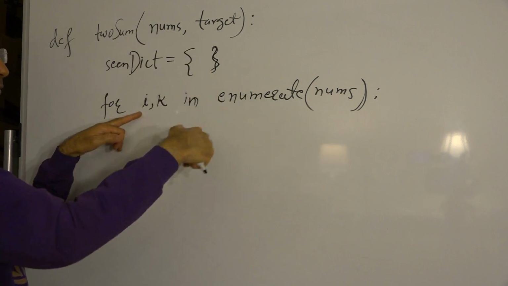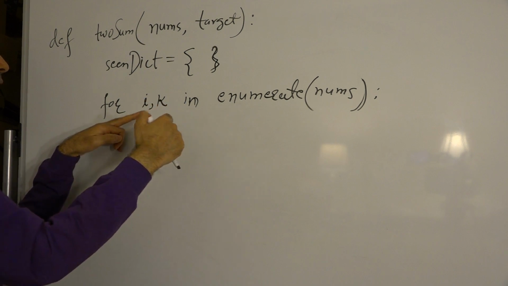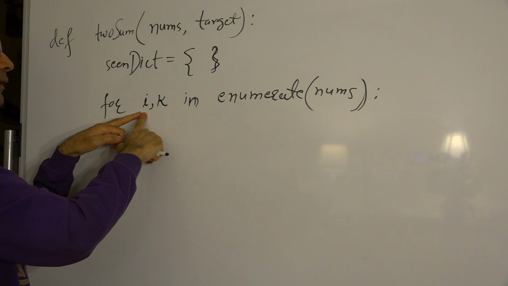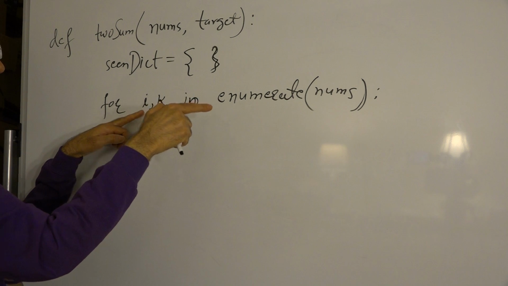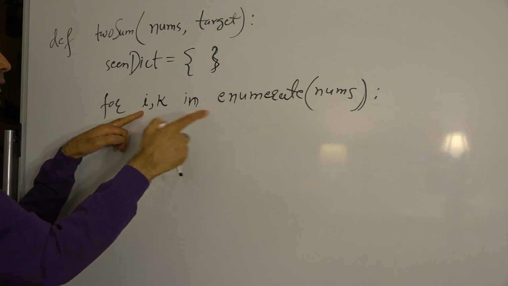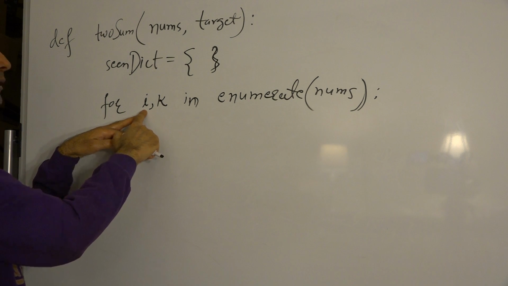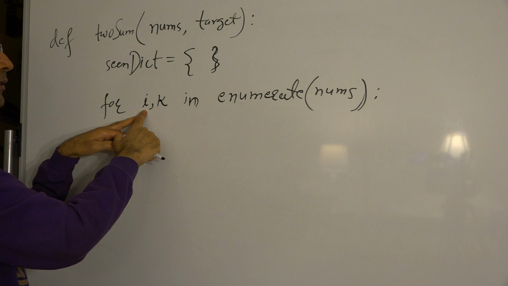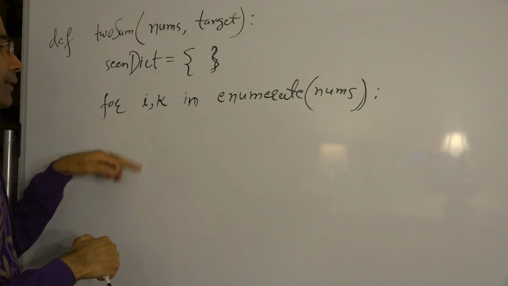The 0th iteration is actually the first iteration, but it's represented with 0. We get the first element, then in the second iteration I get the second element, right? So the loop control variable can be treated as the index of the number in the current iteration.